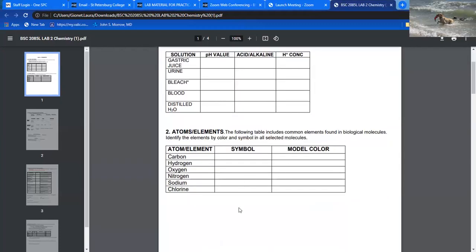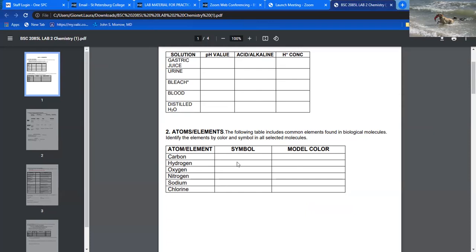Okay, then we're moving on to atoms and elements. We're going to identify the symbols and some of the model colors that go with each symbol. This is helpful to understand what each element is when it comes to looking at the organic molecules and models that we have images for. All right, so the symbol for carbon is a capital C, and the model color is black.